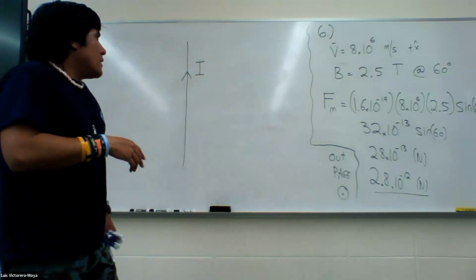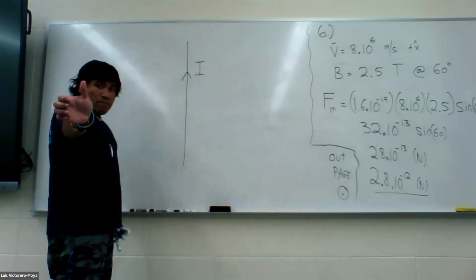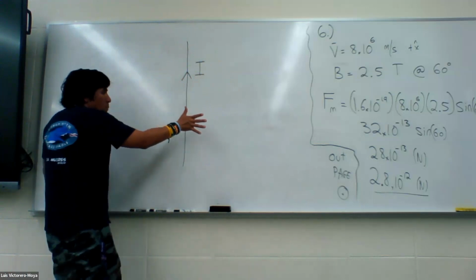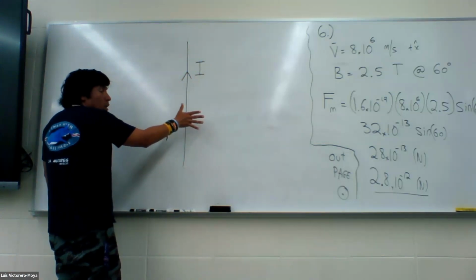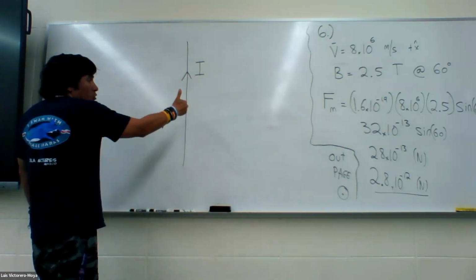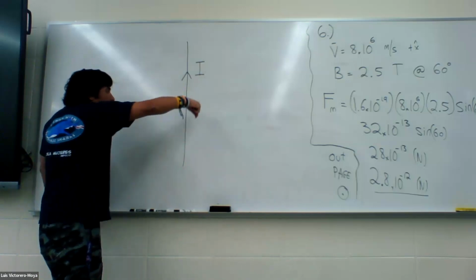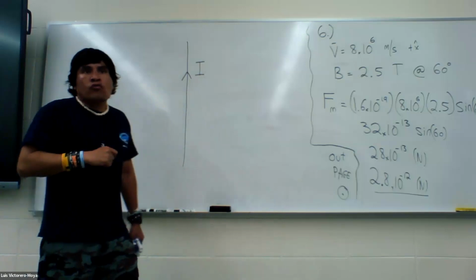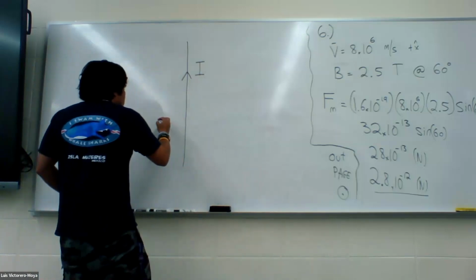That's not a coincidence. You're going to use your thumb and place it in the direction of the current, and you're going to rotate your fingers around. That gives you the direction of the field. So you're going to do it like this.